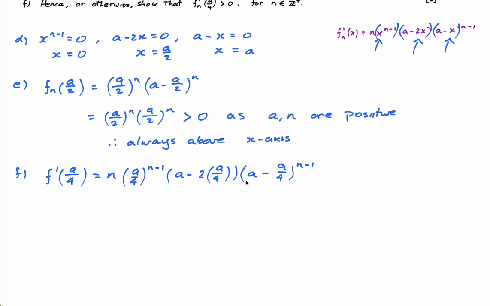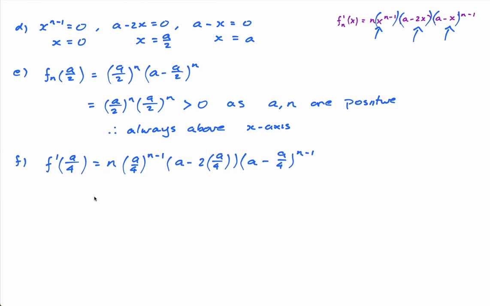Now again, I think this is pretty obvious. I just have to show that this whole thing is bigger than 0. Well, a over 4 to the n minus 1, this is greater than 0, for sure.